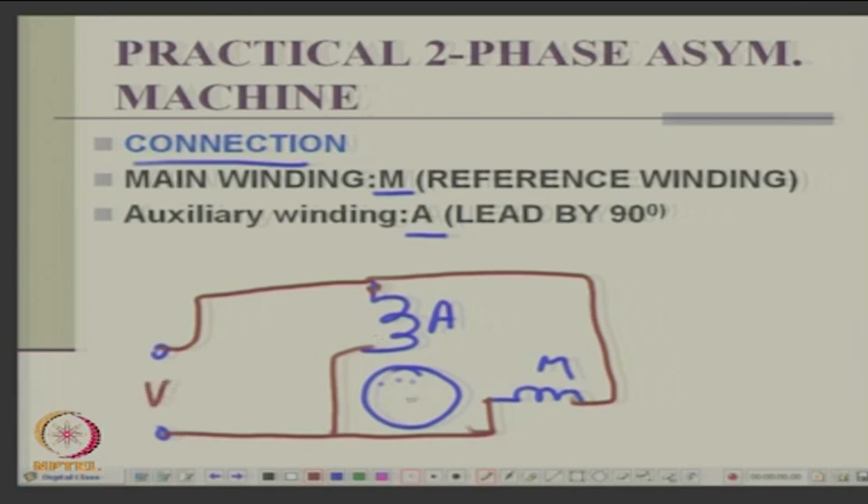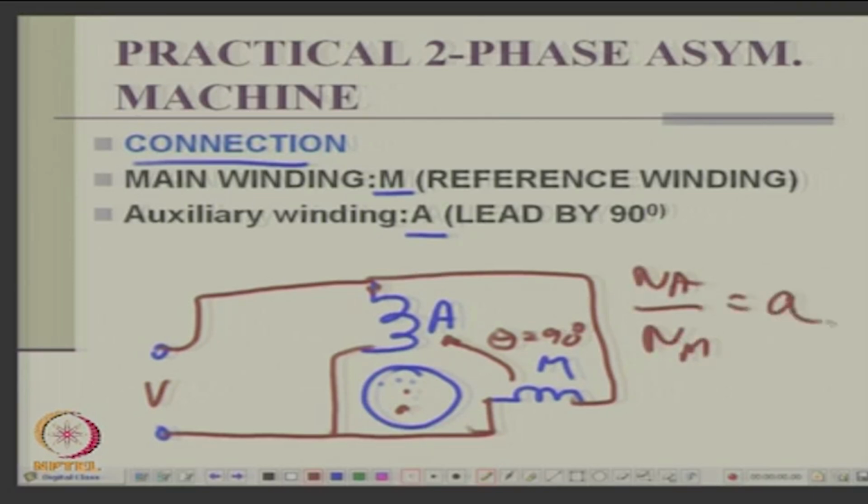This is a practical situation. Okay. So, the angle between them, theta, is 90 degrees, and the ratio of number of turns of A versus number of turns of M, we take it as a. Okay.